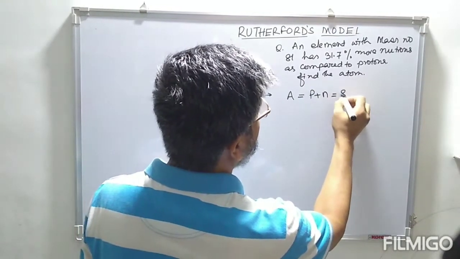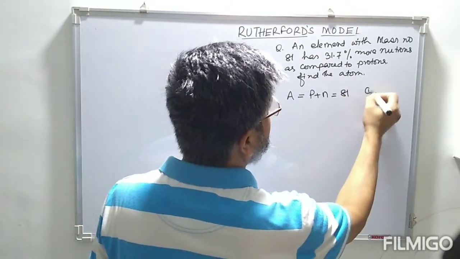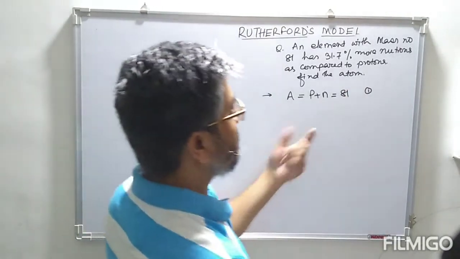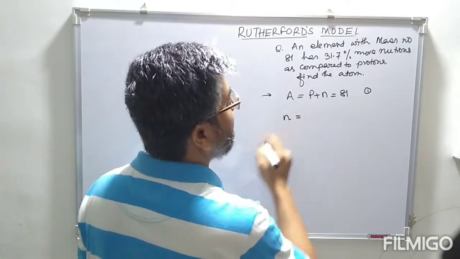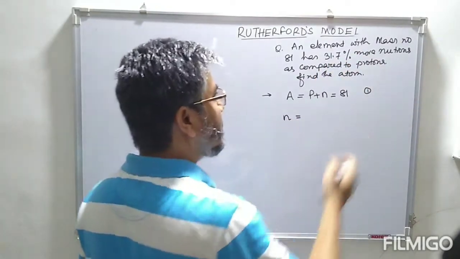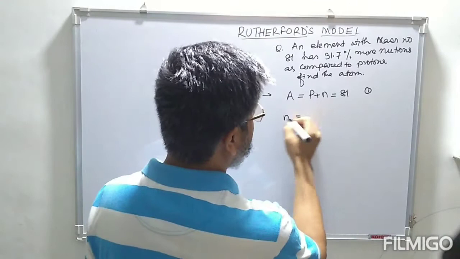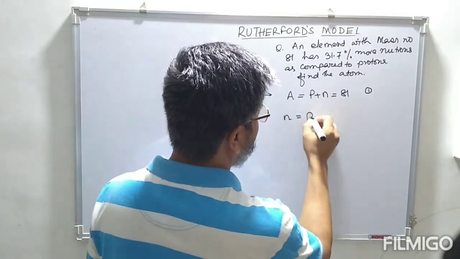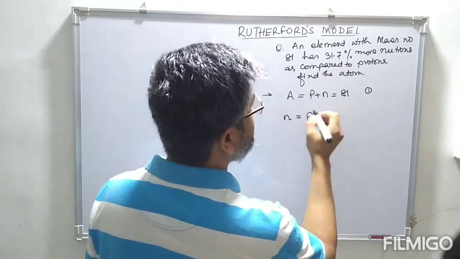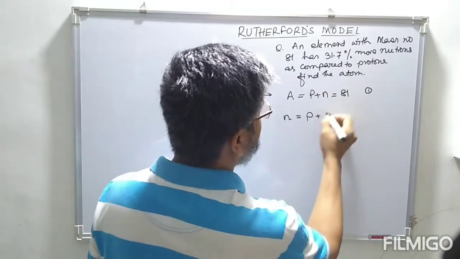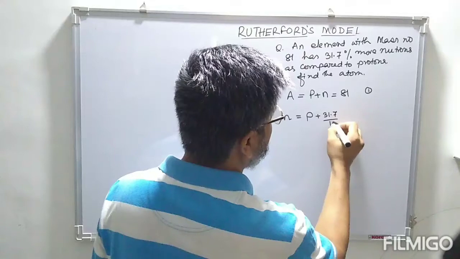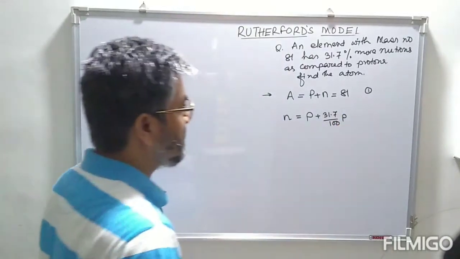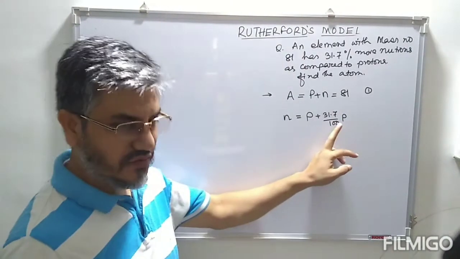So this is equal to 81. Now the question further says the number of neutrons is 31.7% more than the number of protons. So we can say this is number of protons plus 31.7% more. So this is the total number of neutrons.